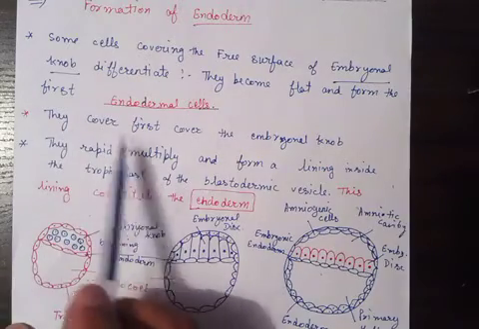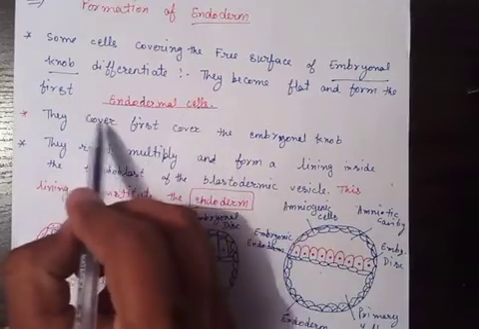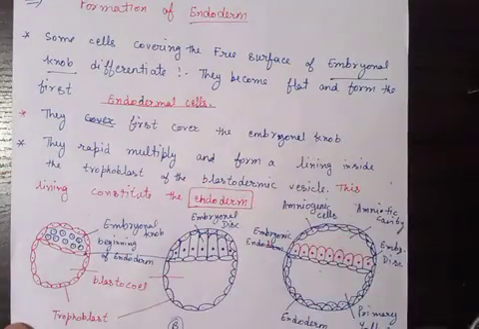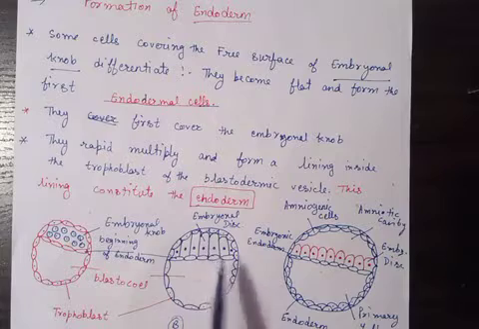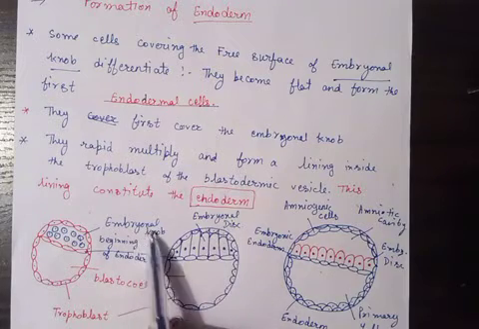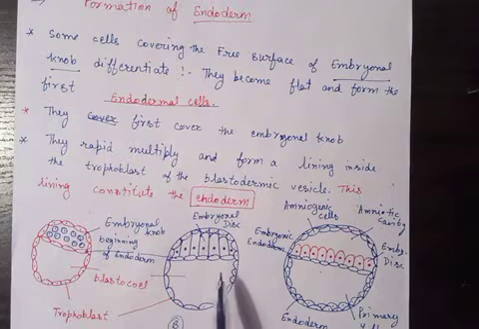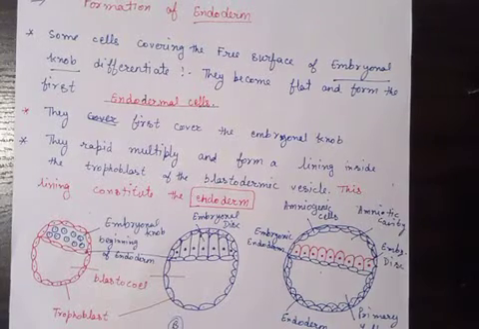Next step, the first endodermal cells will start to cover the embryonal knob. Here the embryonal knob is covered, and the cells rapidly multiply.